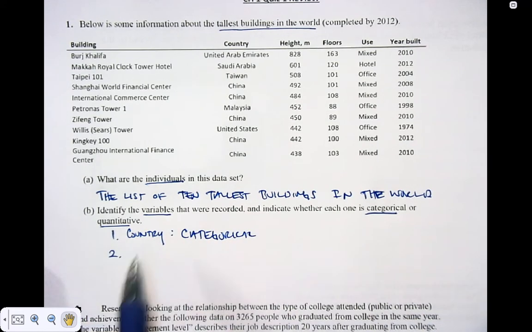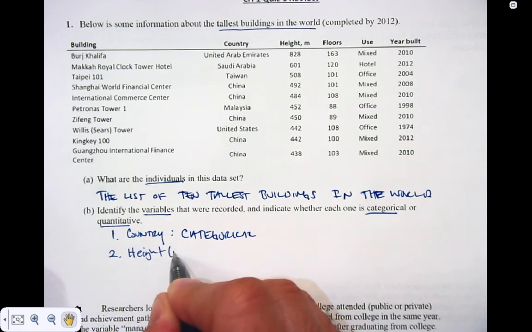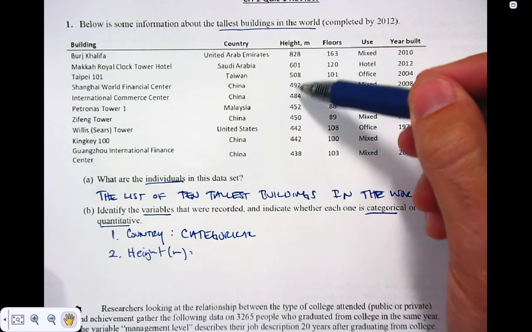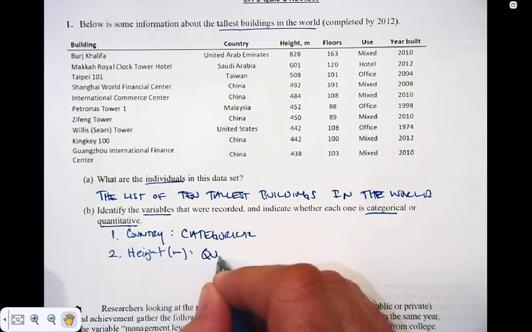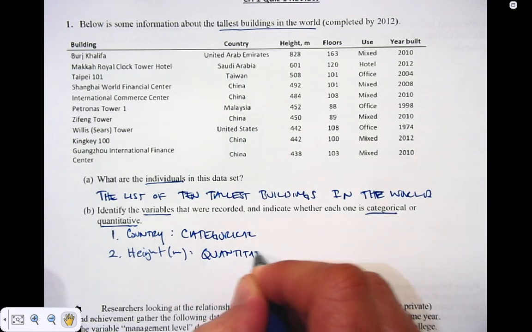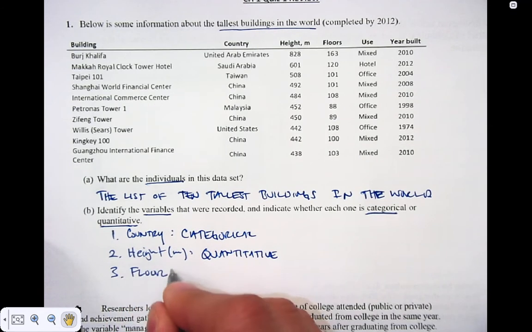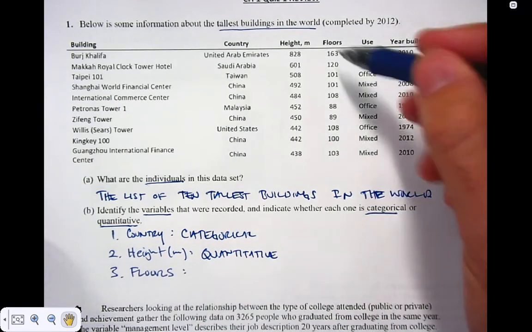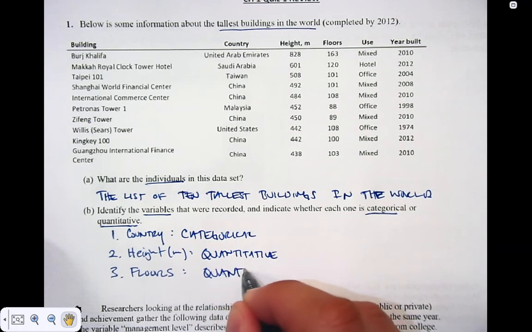The second variable would be height, in meters. And you could definitely find an average height. That's what makes a variable quantitative. The third one would be floors. And you could definitely, again, find the average number of floors for a building. So that would also be quantitative.